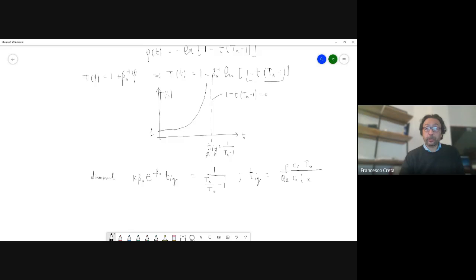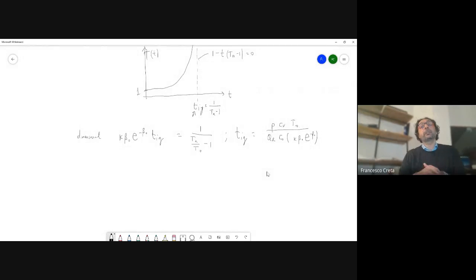So now we are essentially going back to the original variables, okay? And I don't want to steal too much time here, but essentially what we found is that T ignition decreases, for example, as QR increases, the heat of reaction, which makes sense.